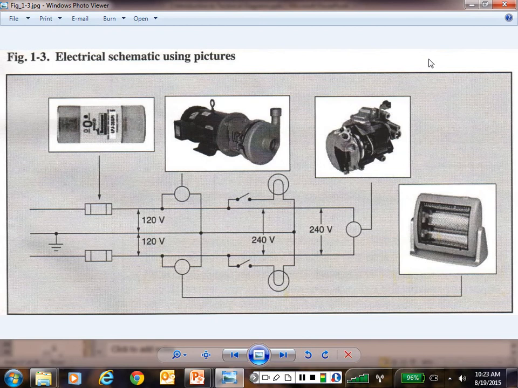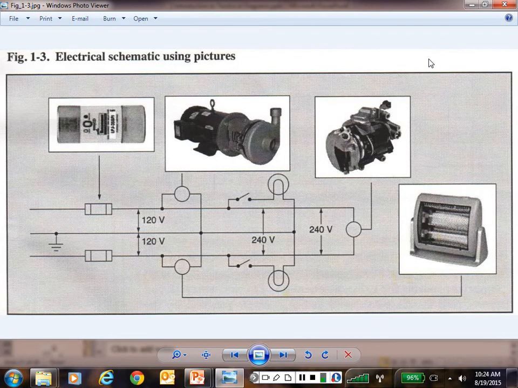NEMA is a United States standard, whereas IEC is an international standard. So what they had to do in their inventory sheet is have two pictures, IEC or NEMA. So this is the problem we have with pictorial.